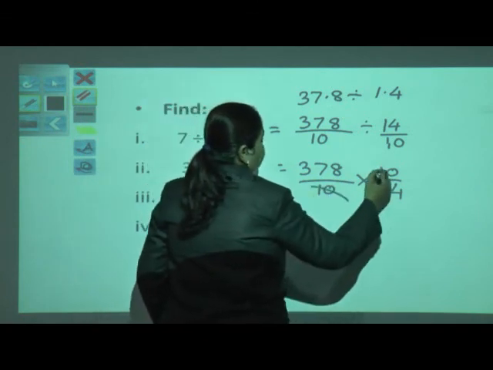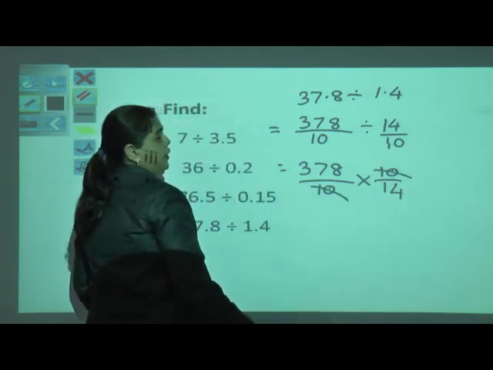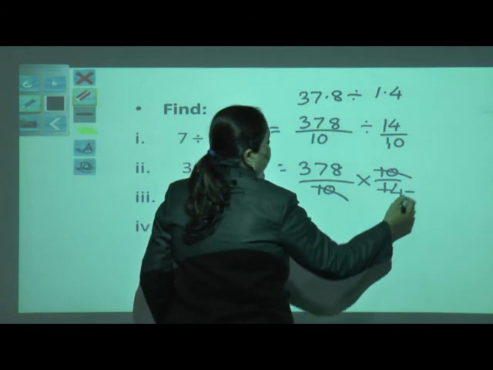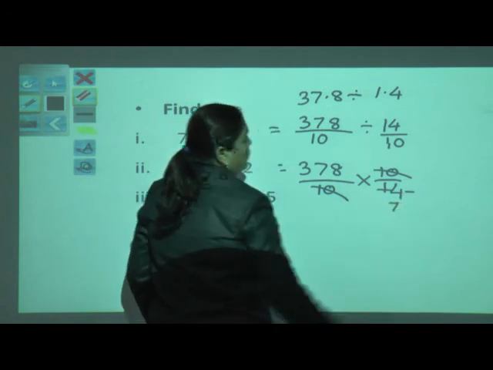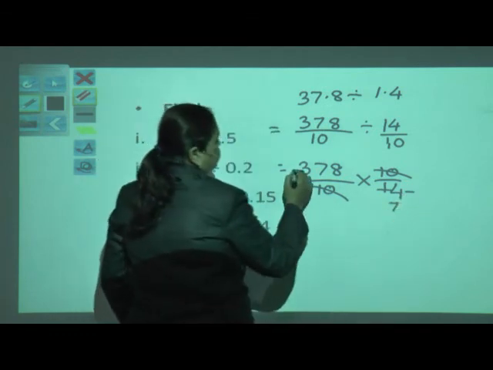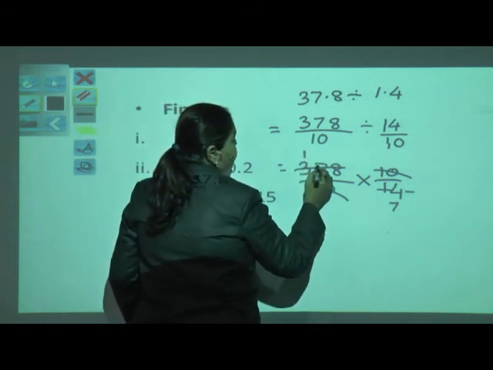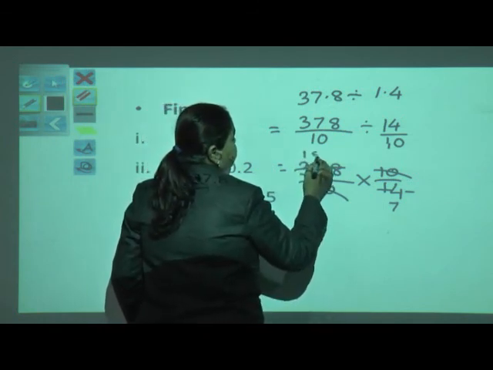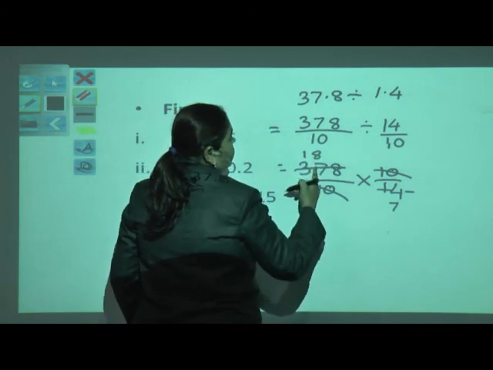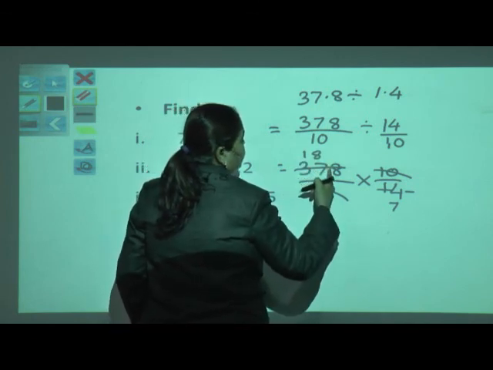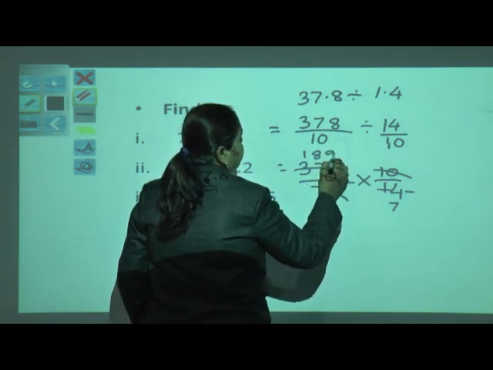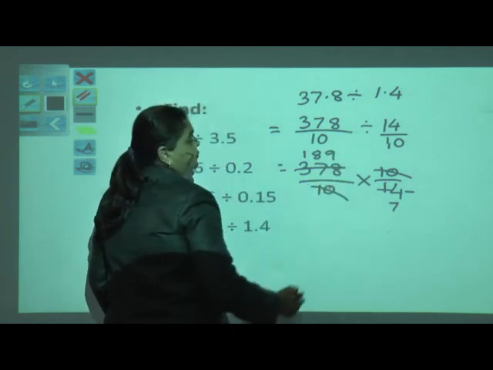So here we can cut these zeros, 10 and 10 can be reduced. Here 2 sevens are 14, 2 ones are 2, 1 is left, so it is 17, 2 eights are 16, 17 minus 16 is 1, so again 1 will be the 18, it will be 2 nines are 18.